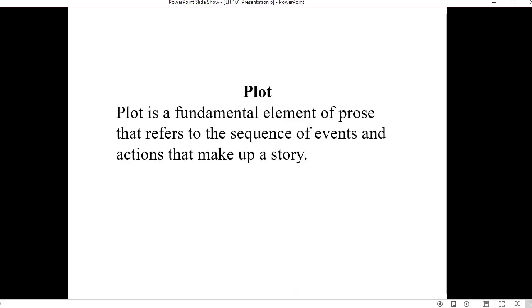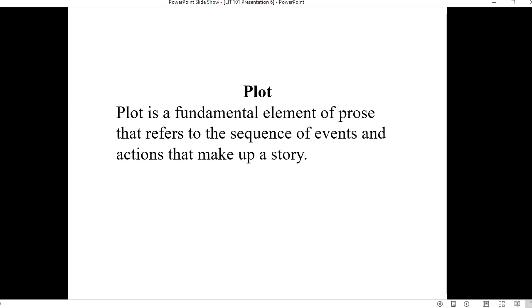Now let's move on. The first element of prose fiction we are going to look at is plot. When we talk about plot, we are talking about the sequential arrangement of events in a narrative work.